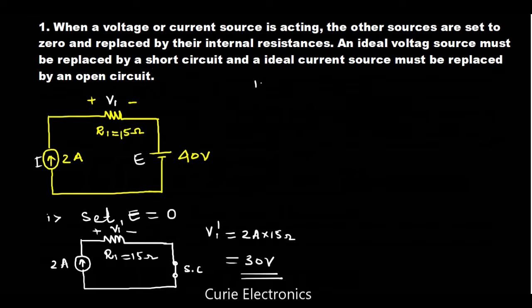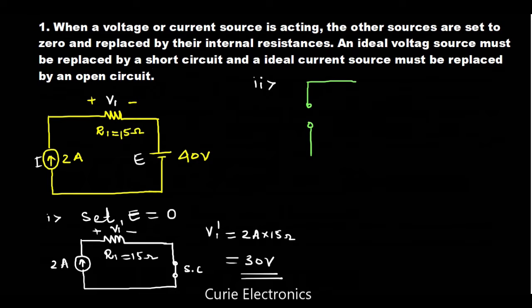Now second, what we have to do? Now we will activate the voltage source and remove the current source. So the current source must be replaced by what? It must be replaced by an open circuit.